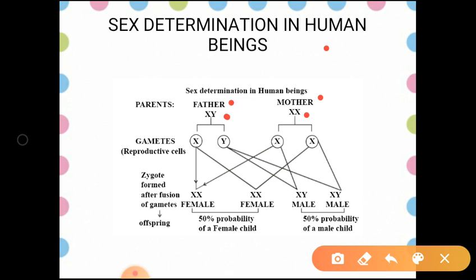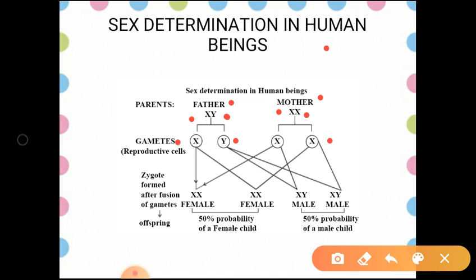So, male is heterogametic, female is homogametic. During gamete formation, 50% of sperms receive the X chromosome and the other 50% receive the Y chromosome, because male is heterogametic but female is homogametic.